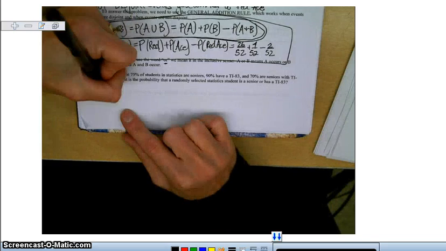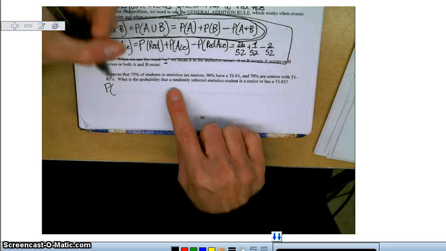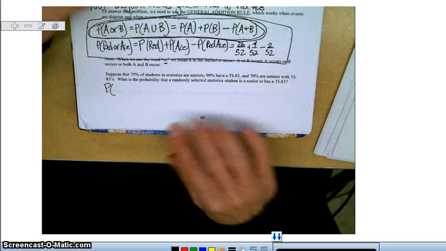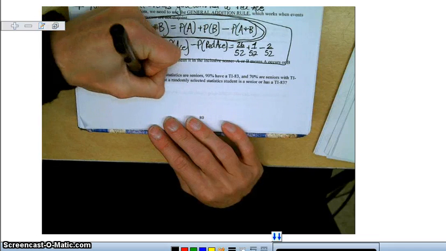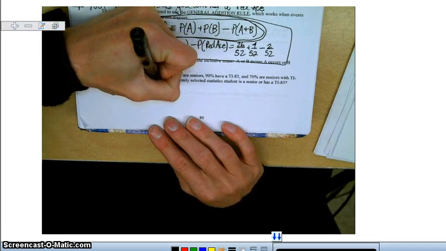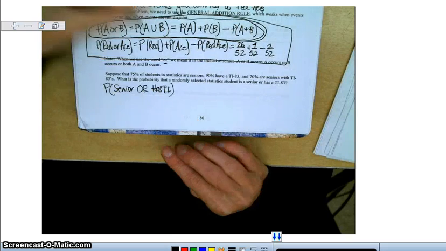So it says, what is the probability that a randomly selected statistics student is a senior or has a TI, a graphing calculator?